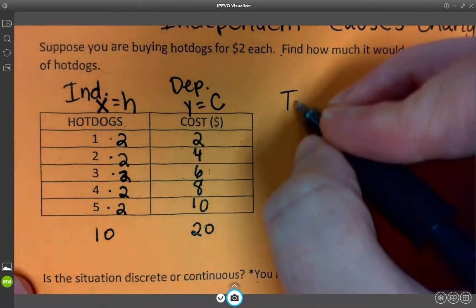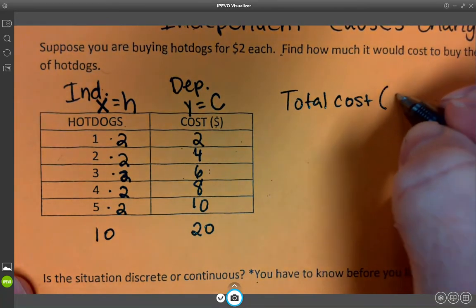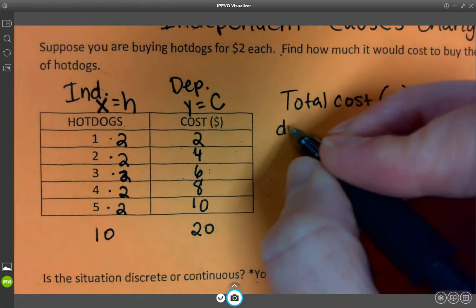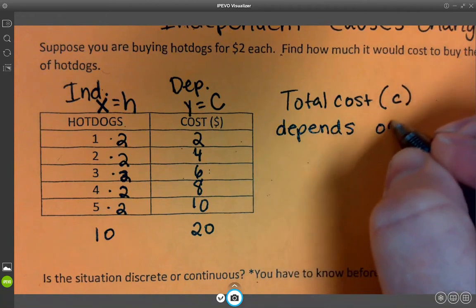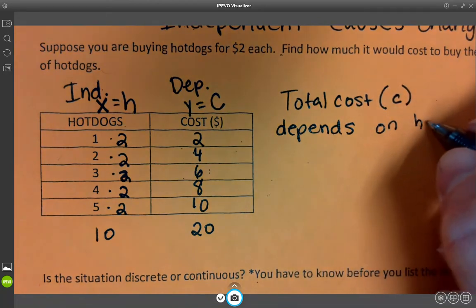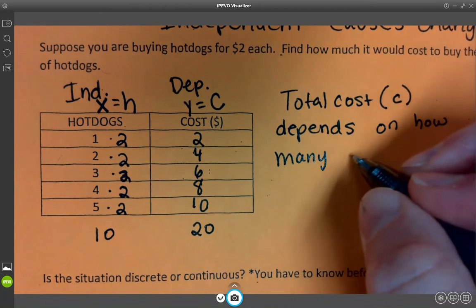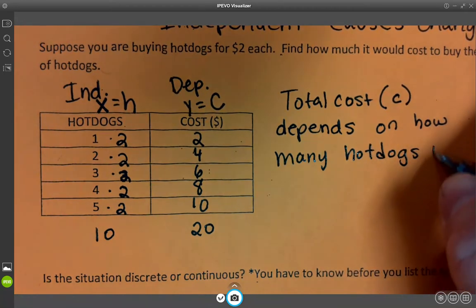Okay, so our total cost, which we're going to use variable C, depends on how many hot dogs you buy.